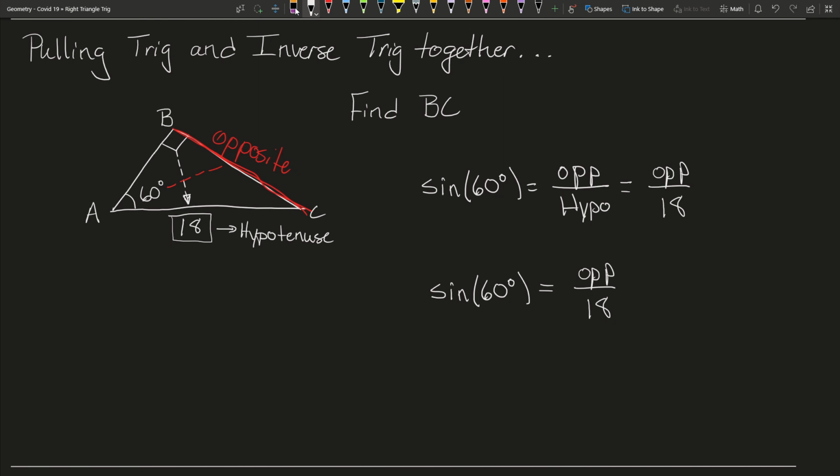If we plug sine 60 into a calculator or into Desmos, just regular sine, not inverse sine, we would get some decimal equal to opposite over 18.